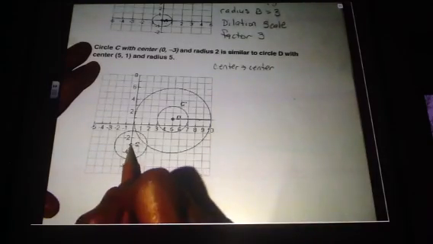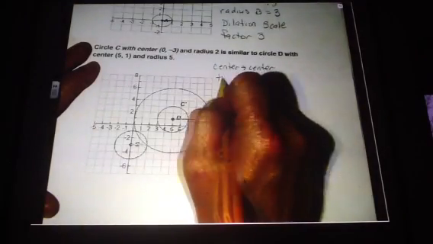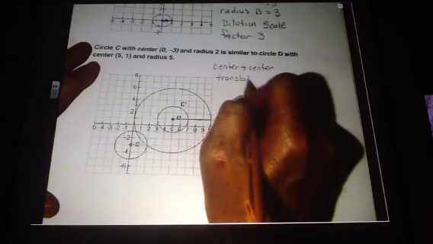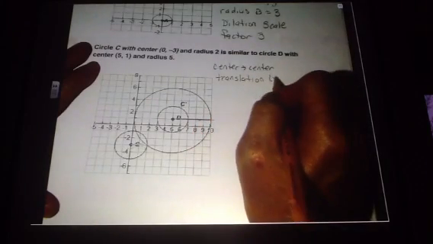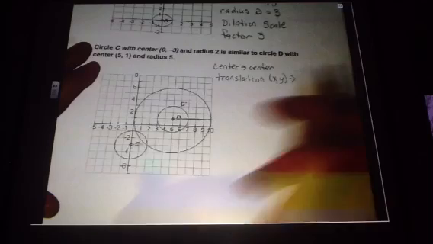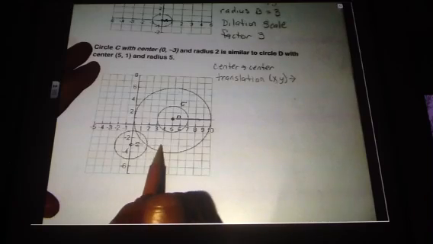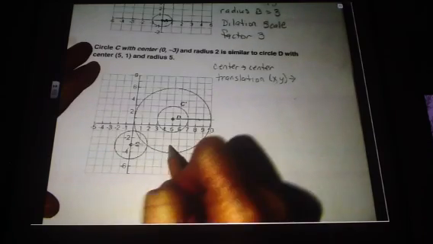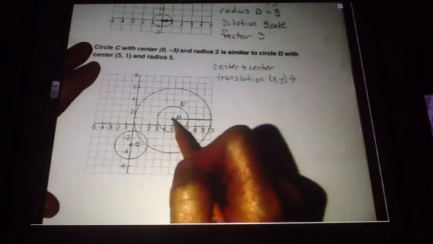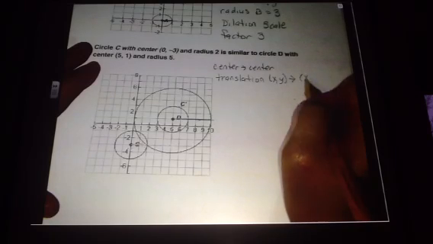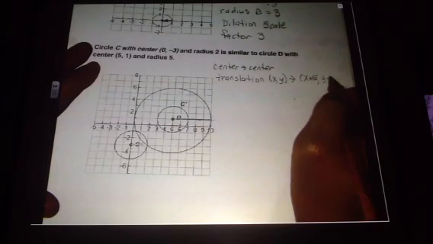Okay, so we're going to do a translation. So we've got to move the center of this circle 1, 2, 3, 4, 5 right, and up 1, 2, 3, 4. So it's x plus 5, y plus 4.